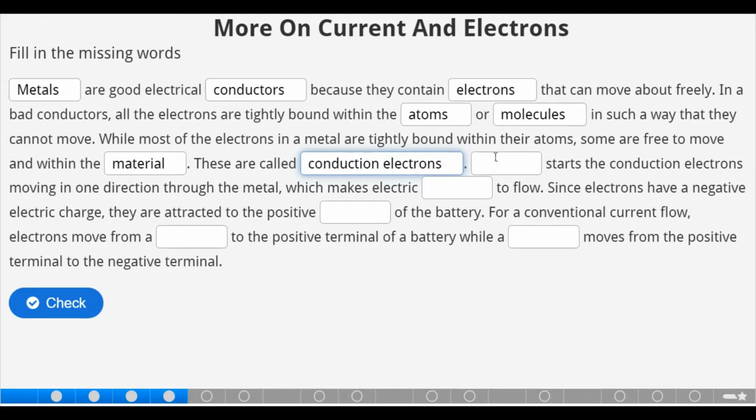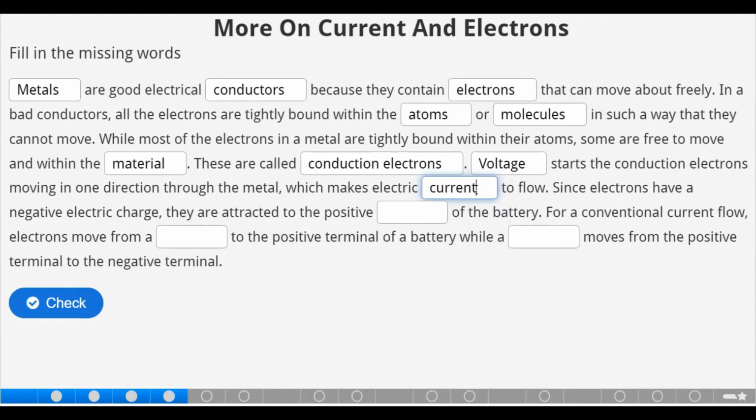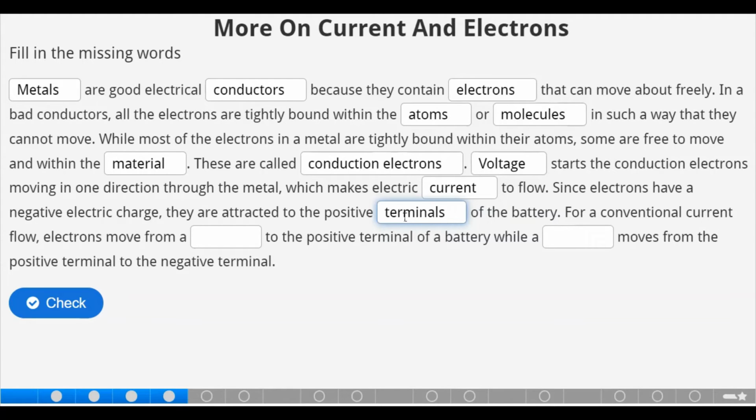Voltage first starts the conduction electrons moving in one direction through the metal, which makes electric current flow. Since electrons have a negative electric charge, they are attracted to the positive terminal of the battery.